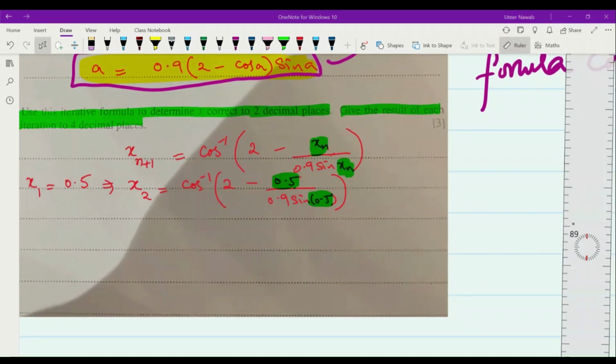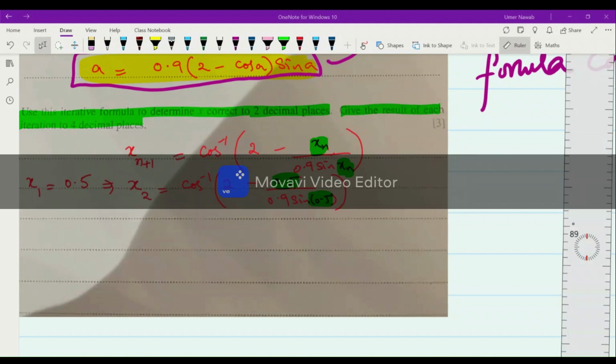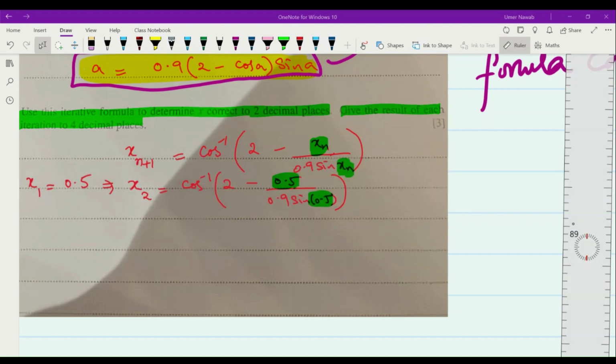Now, on the calculator screen, you can see what I'm writing. Make sure your calculator is in radian mode. Shift cosine, 2 minus fraction 0.5 over 0.9 sine of 0.5, close the bracket, and then finally close the bracket for the angle of shift cosine.